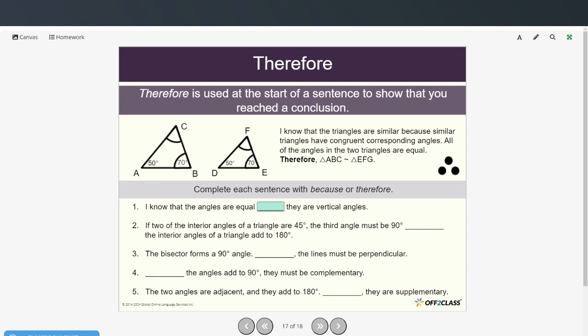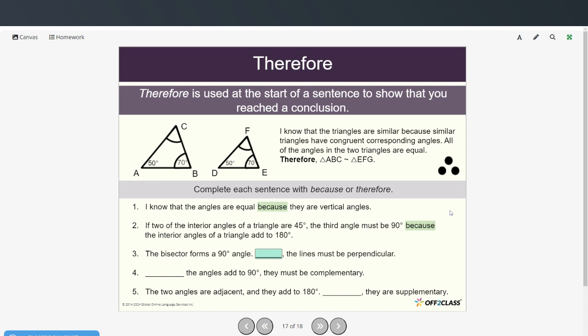Okay, I know that the angles are equal because they are vertical angles. If two of the interior angles of a triangle are 45 degrees, the third angle must be 90 degrees because the interior angles of a triangle add to 180 degrees.